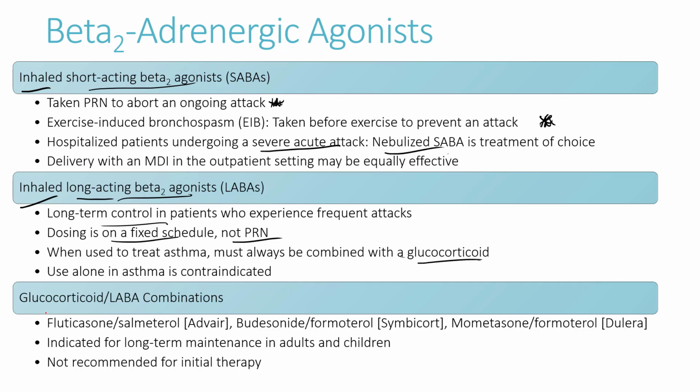And so you see down here, you've got the combination of the glucocorticoid and the long-acting beta agonist over here, right? So this glucocorticoid long-acting beta agonist combination is not recommended for initial therapy and not indicated for long-term maintenance in adults and children.